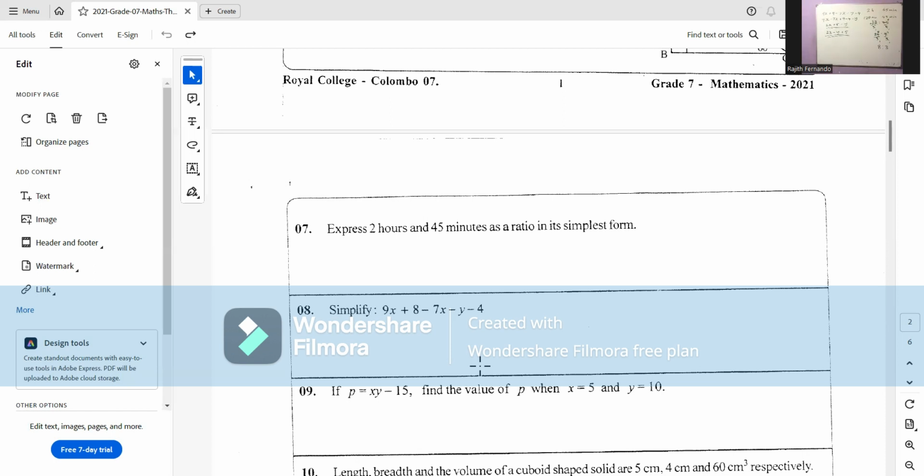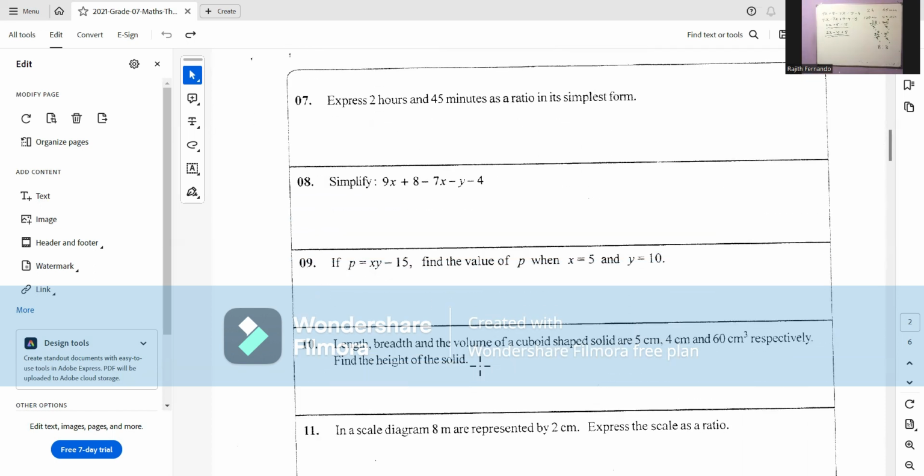Next one, question number 9. P is equal to xy minus 15.